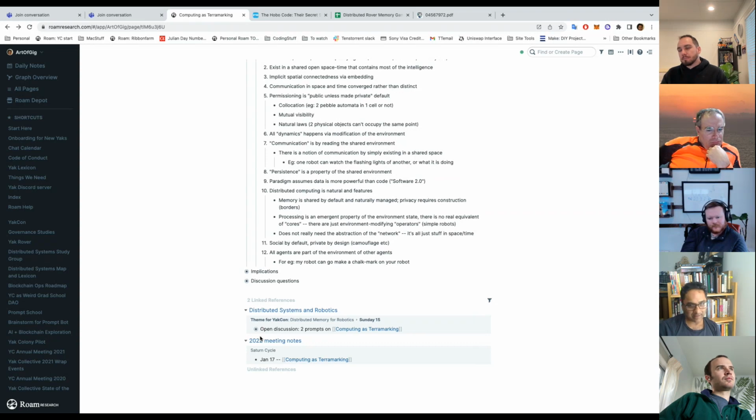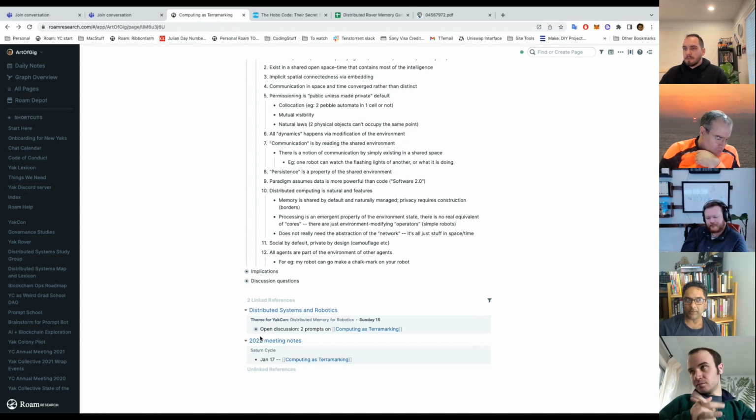I think of it more like these Pebble automata wandering around a shared space. It's like the Unix shell environment with simple commands that can be piped to each other, but an enhanced version of that.